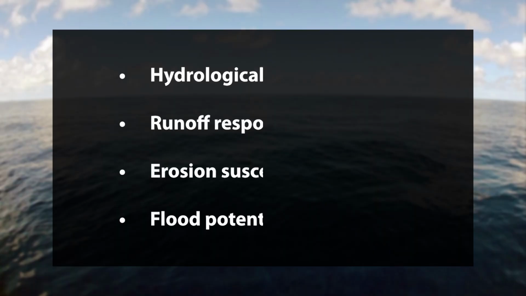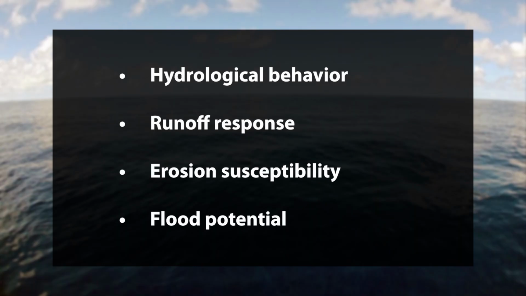These parameters are also crucial for understanding the hydrological behavior, runoff response, erosional susceptibility and flood potential. Moreover, satellite derived land use land cover information, when combined with GIS based spatial analysis, supports soil erosion assessment, groundwater potential mapping, watershed prioritization and planning of water conservation structures.